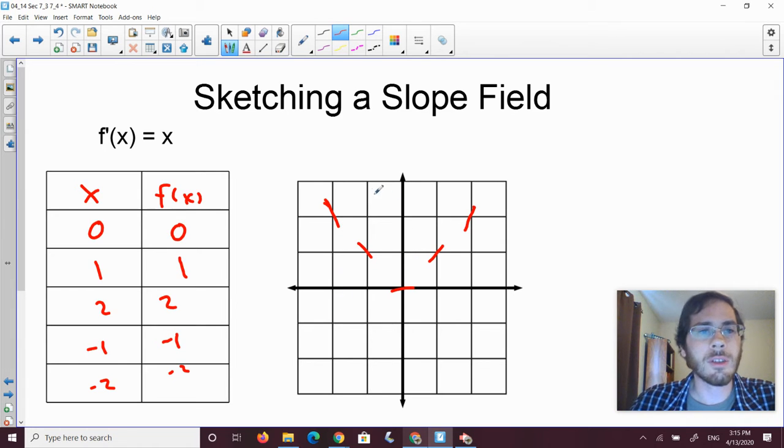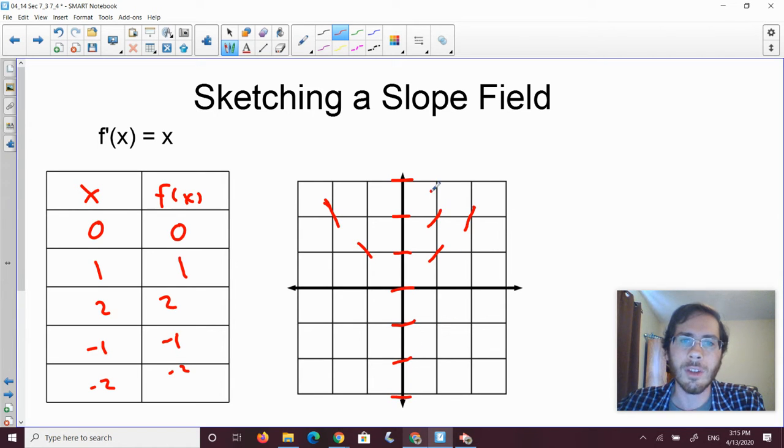And the important thing is to realize that this only depended on x, which means that in addition to all of these, every single x value is going to have the same slope. So whenever x is 0, f of x is 0. So it's not just at 0, 0, but x is 0 here, here, here, here, and here.